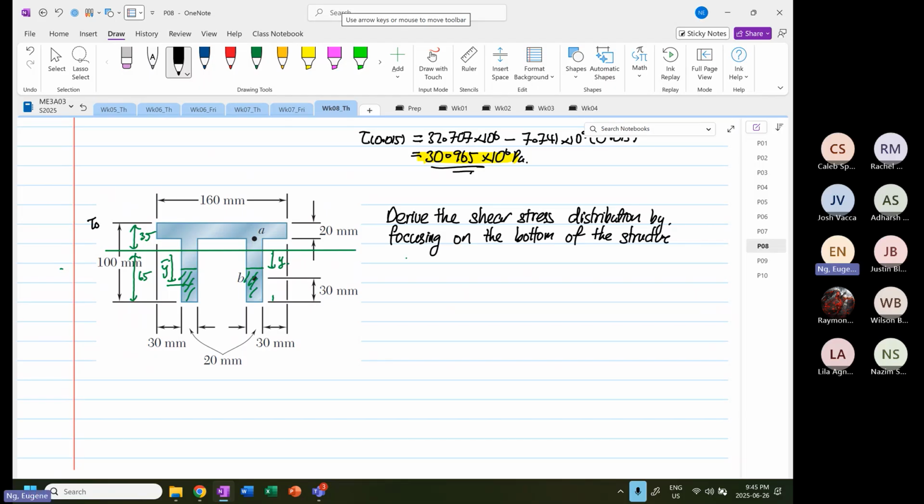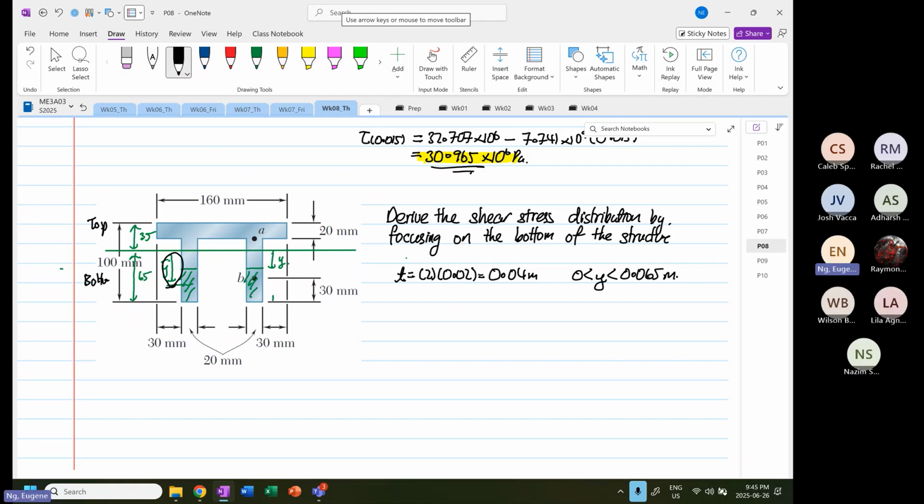So this is the top, this is the bottom. So now we flip around. Now y is in that direction. Now we know that the thickness is equal to twice 0.02, so this is equal to 0.04 meter. And we know the limit is 0 to y, and y is not going to be going more than 0.065 meters. Okay, not more than 0.065.